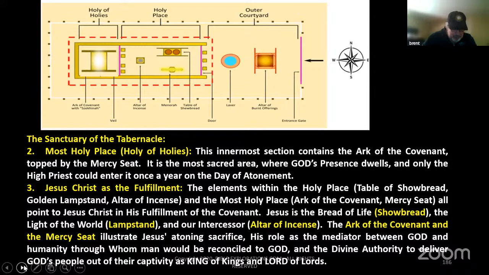Jesus is the bread of life, the showbread, the light of the world, the lampstand, and our intercessor, the altar of incense. The Ark of the Covenant and the mercy seat illustrate Jesus' atoning sacrifice, his role as mediator between God and humanity, through whom man will be reconciled to God, and the divine authority to deliver God's people out of their captivity as King of Kings and Lord of Lords.